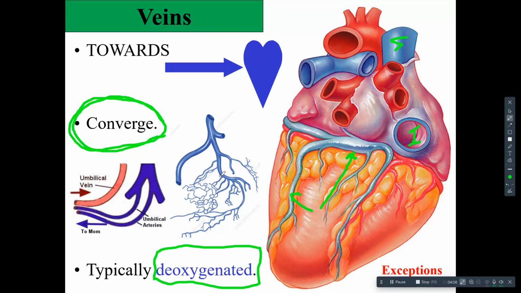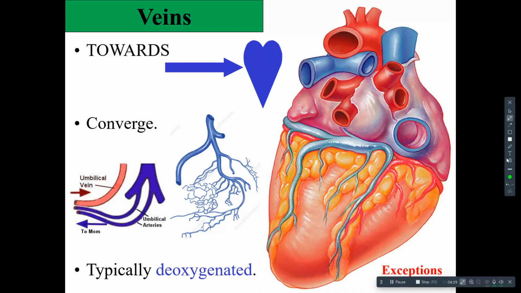Our pulmonary arteries were weird arteries, so no surprise, our pulmonary veins, here's a pulmonary vein, pulmonary vein, pulmonary vein, are exceptional. They're veins because they're going towards the heart, but they're exceptional because they are oxygenated. Similarly, the umbilical veins are weird in that they are oxygenated veins coming from the placenta. All right, so that's my veins.